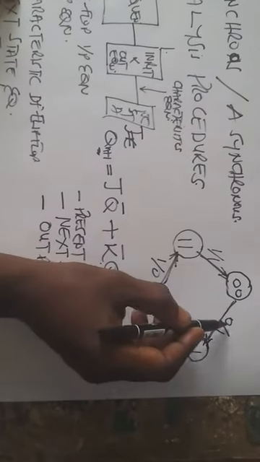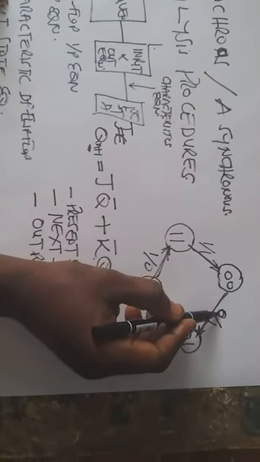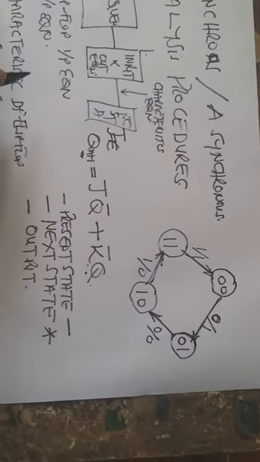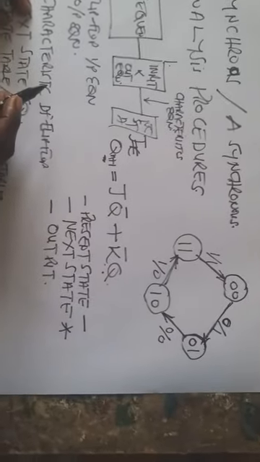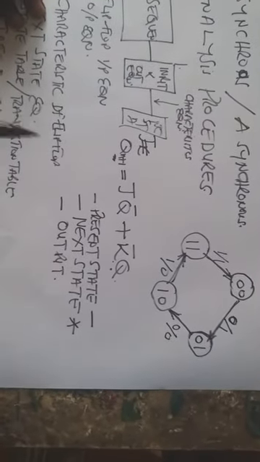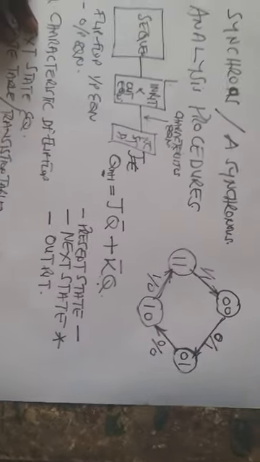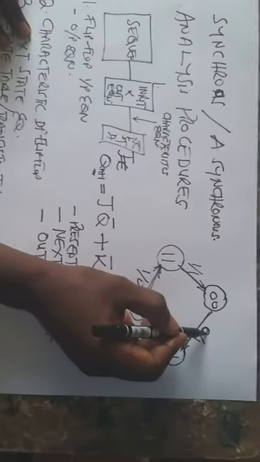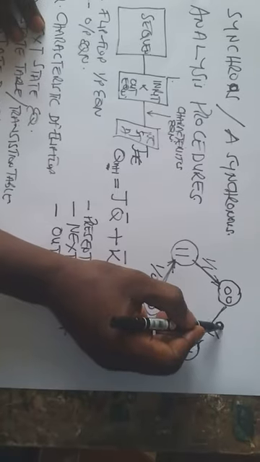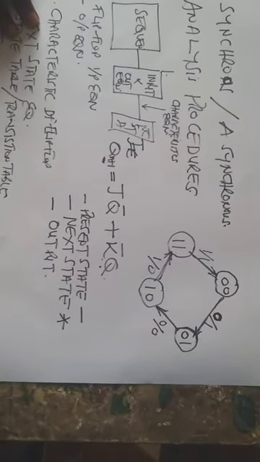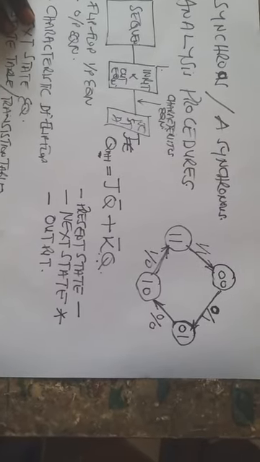Now, the first 0, what it does is that it is telling us the transition. Okay, so it's telling us that when the input was 0, that is what it is telling us.